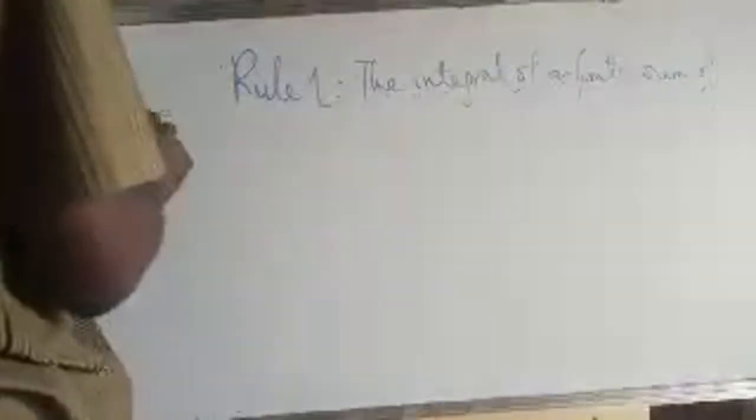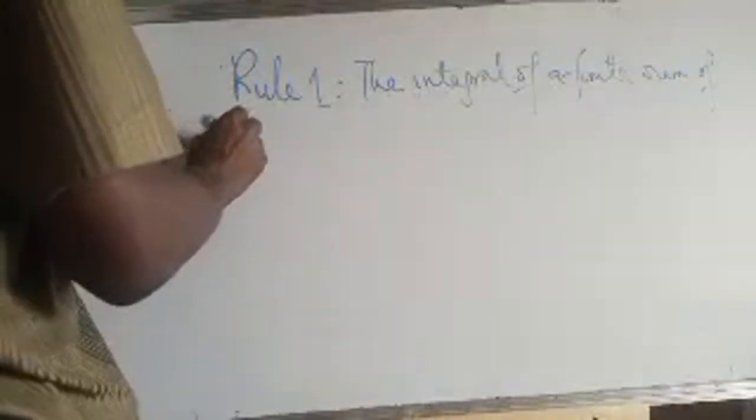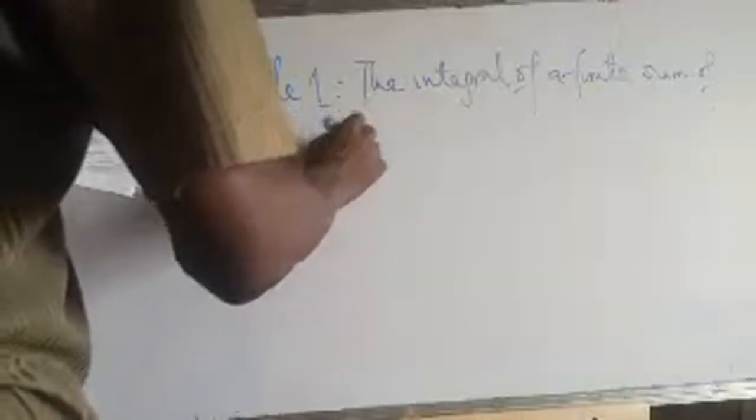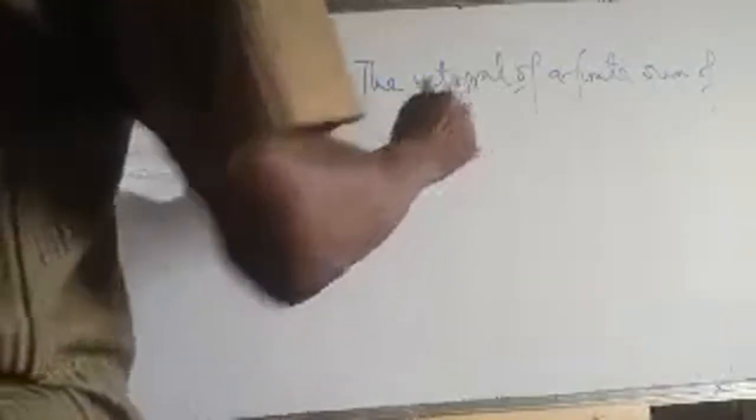The integral of a finite sum of functions is the sum of their separate integrals. Okay? Now, how does that apply?